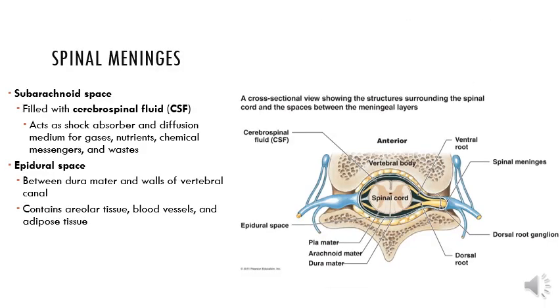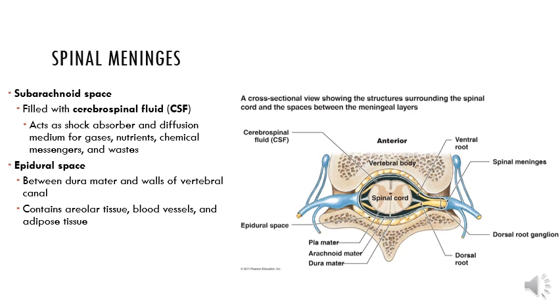Here's where we get a little bit of a clue at what cerebral spinal fluid does for us. Cerebral spinal fluid is located within the meninges, encompassing the central nervous system, and also found within the ventricles of the brain and within the central canal of the spinal cord. And as a rule, cerebral spinal fluid is under some amount of fluid pressure.